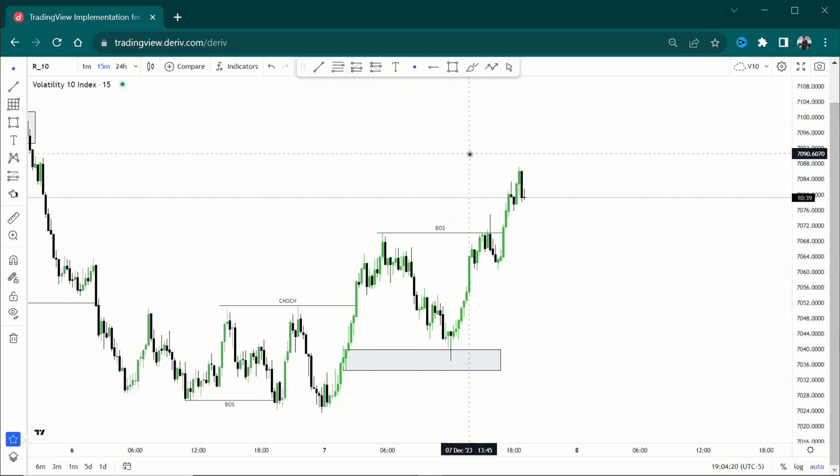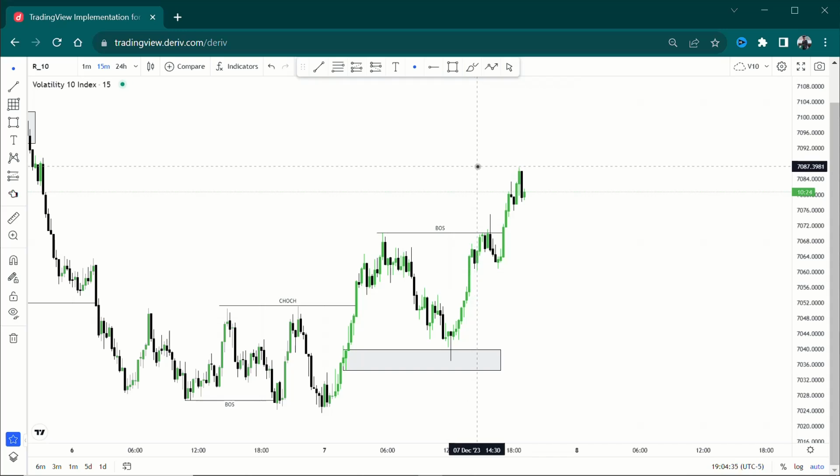I don't know what else. This information is free, guys. So just remember that for fibs, the Fibonacci retracement, it's only used to help you find correct POIs, and avoid looking at unnecessary POIs.